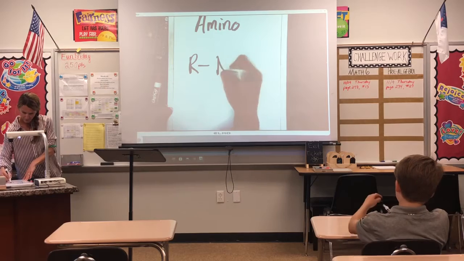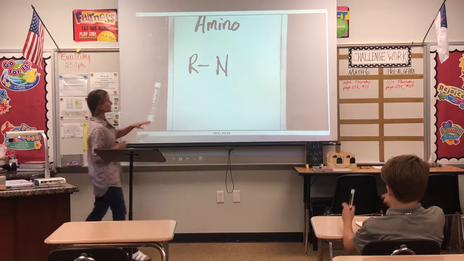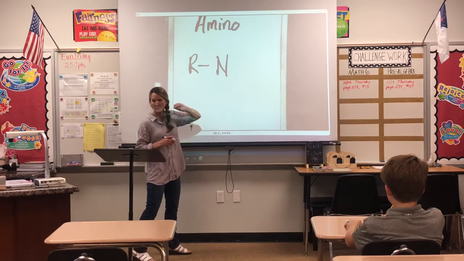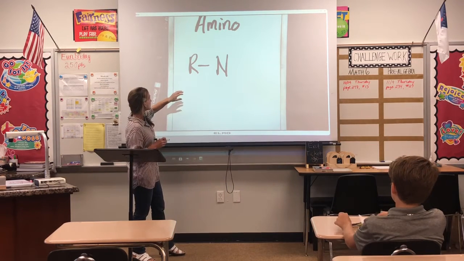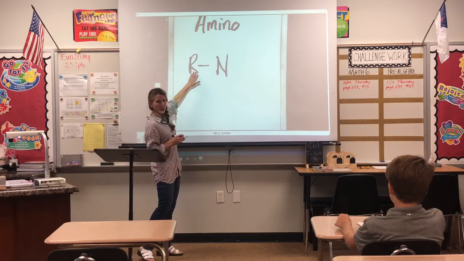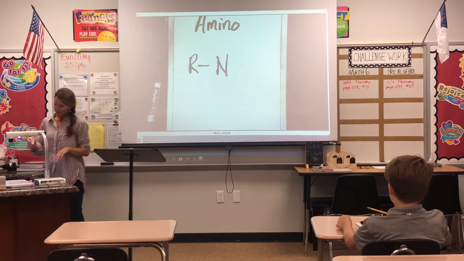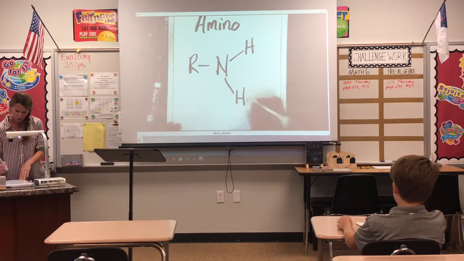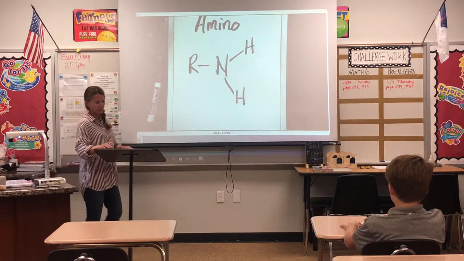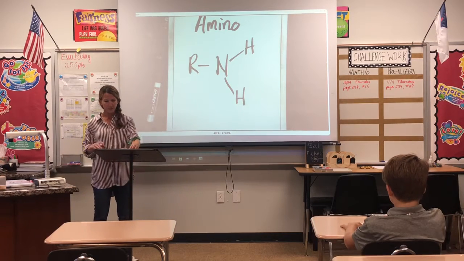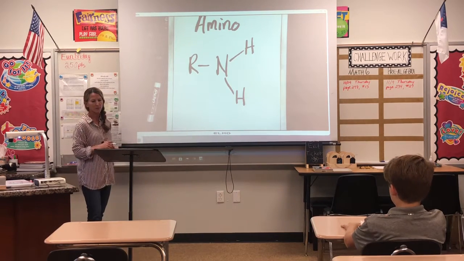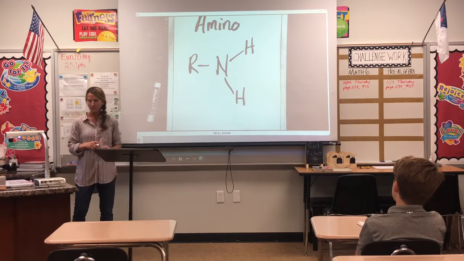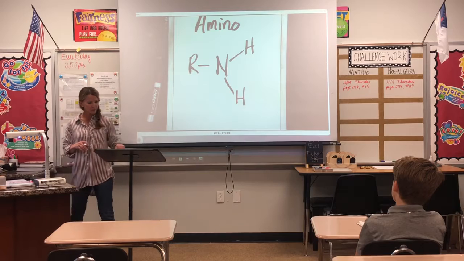This time we have a central nitrogen. Nitrogen is the main atom of an amino group, okay? And this would probably be a carbon. So we have nitrogen, and it is bonded with 2 hydrogens. Again, it's highly polar, increases the polarity and reactivity of a molecule. Okay, does everyone have that down?